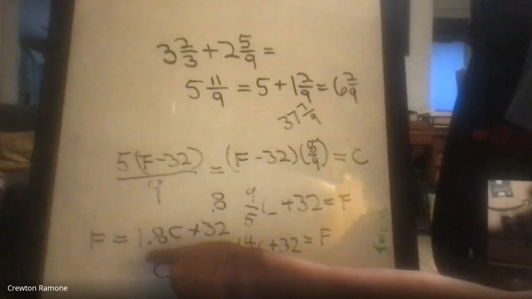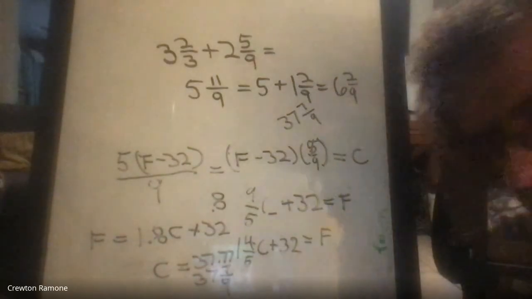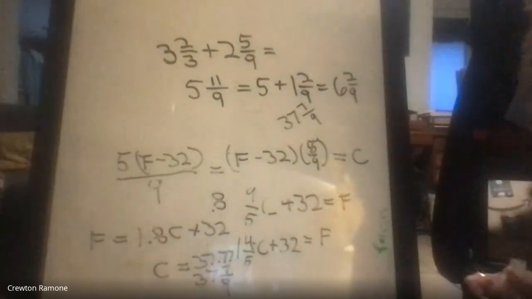But you have to multiply 1.8 times 37.77 because that's your Celsius. So my Celsius is 37.77.